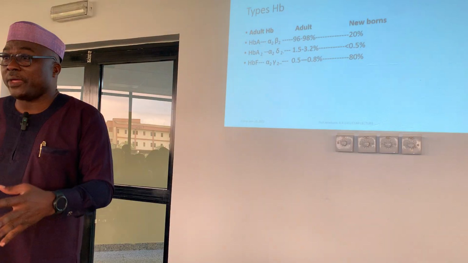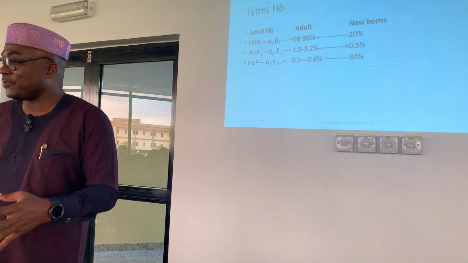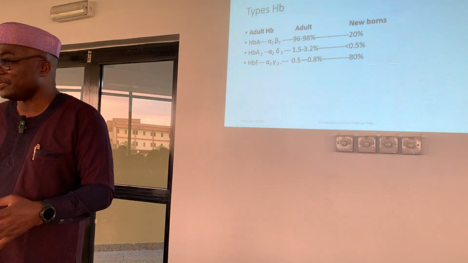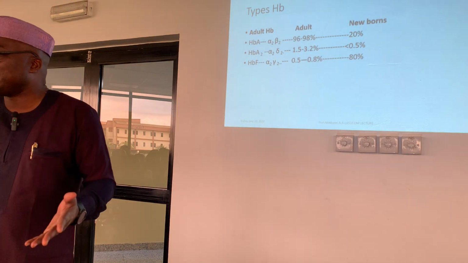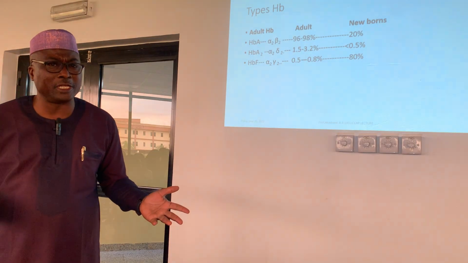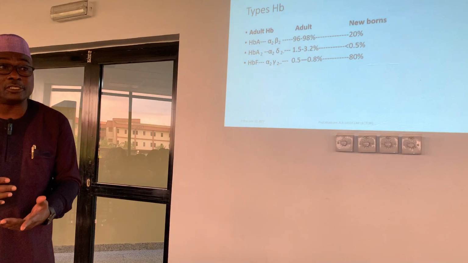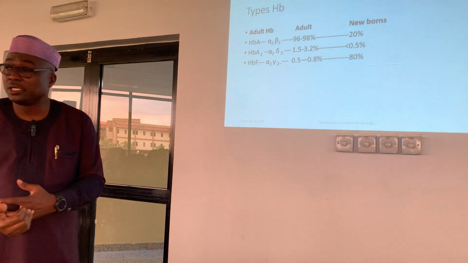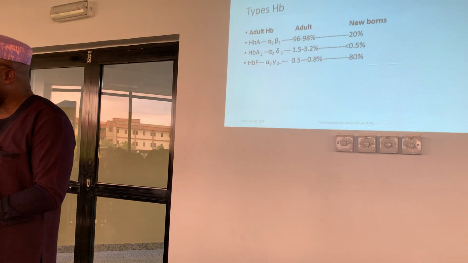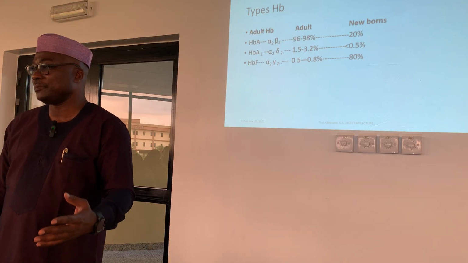And after birth, there will be no need for that function of hemoglobin F again. Would there be need, because there is oxygen in the air? No. So that is why there is a switch from hemoglobin F to A1 after birth.